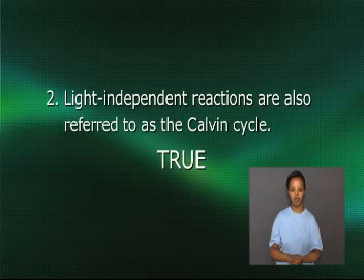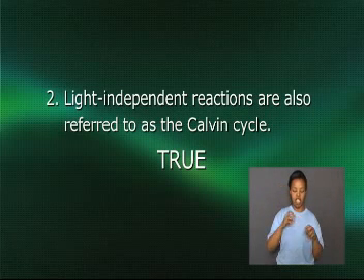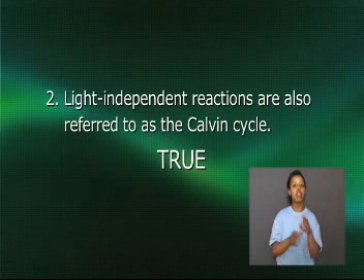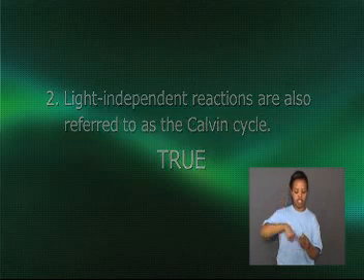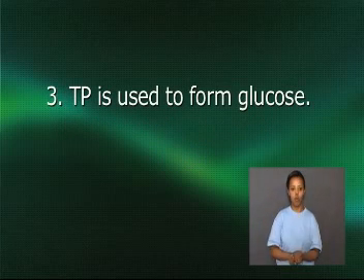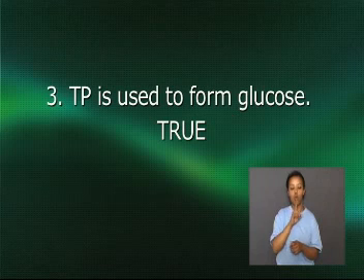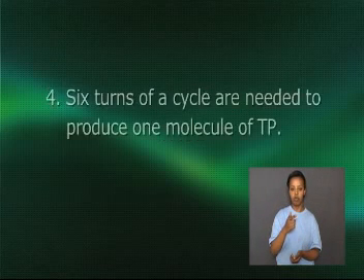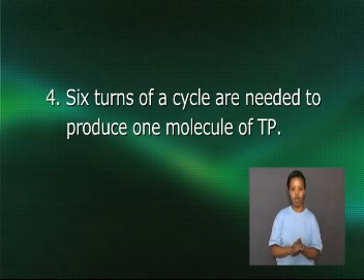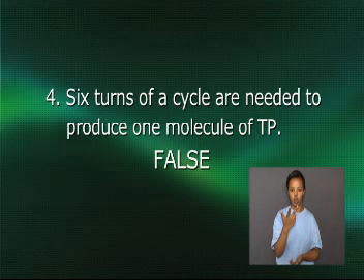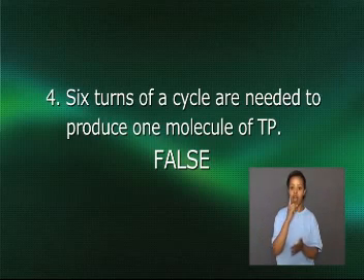Due to the discoveries by biologist Melvin Calvin, light-independent reactions are also referred to as the Calvin cycle. Statement 3 is true. TP is used to form glucose. The fourth statement is false. Only 3 turns of a cycle are required to produce one molecule of TP.